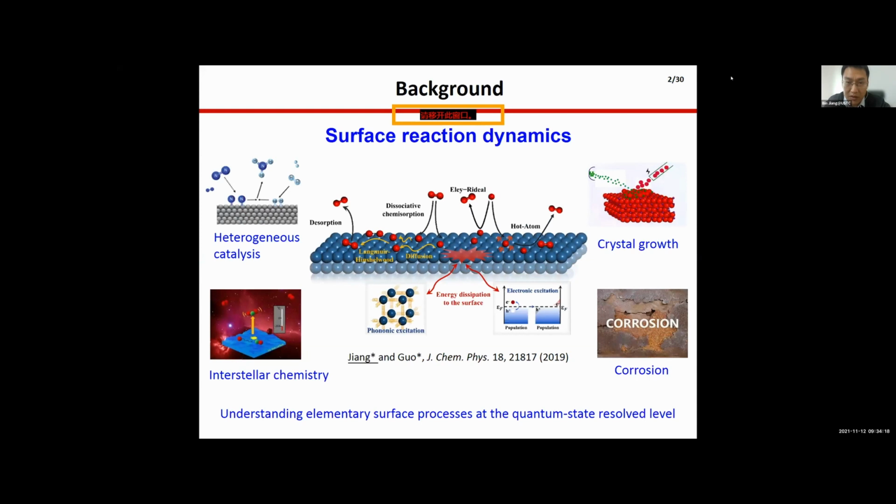Actually, my research interests, as Pavlo has introduced, have been focusing on the reaction dynamics simulations of gas surface interface. Those surface processes are relevant to heterogeneous catalysis and crystal growth and so on and so forth. What's special here is that we would like to know the information and the dynamics at the quantum state resolved level.